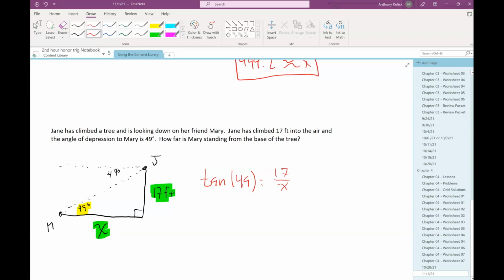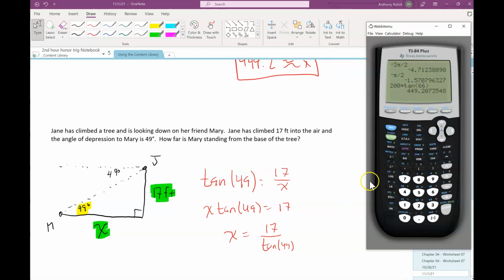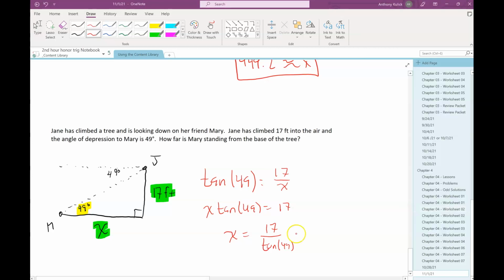So I can multiply both sides by x and then divide by tan 49. And then it's calculator time. And I got about 14.8.